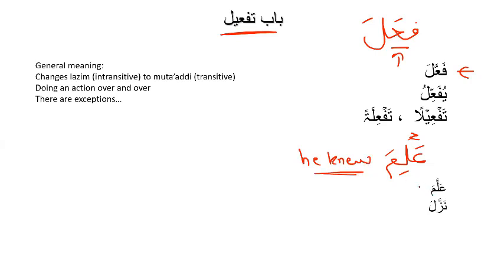Allama, like the previous one, changes the verb from lazim to mutaddi, and it also has an implication of doing an action over and over. So now, if I change this alima into babe taf'il, that means that the middle letter, the lam letter, now has a shadda.